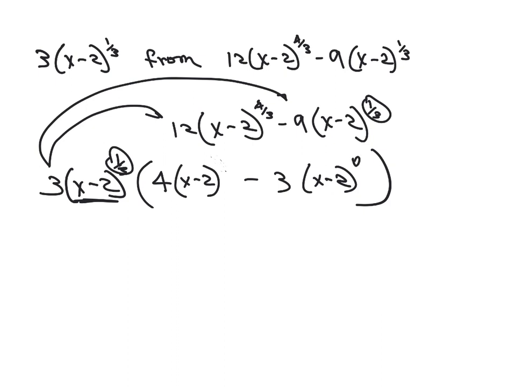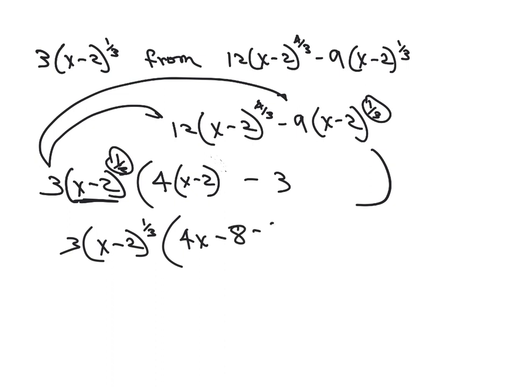So this is the 0 power, and anything to the 0 power means 1. So that goes away. So we get, for our answer, at least at this point, distribute here. Okay, and this becomes minus 11, so I'm going to erase that and just put the minus 11 in there.